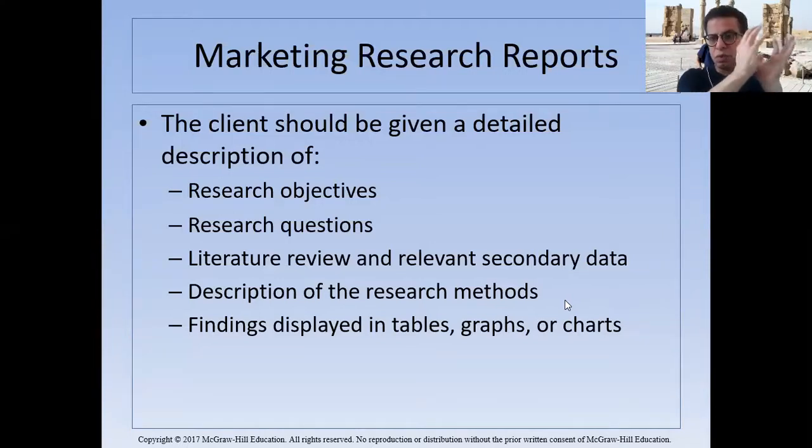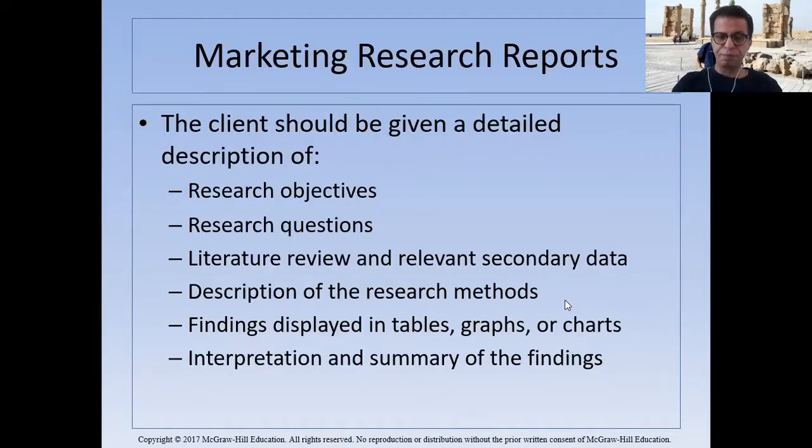This should be graphical, a visual. Then interpretation and summary of the findings. After you go through this, you need to explain to the people what kind of information you are deriving from these numbers, from this graphing, and what you found out.